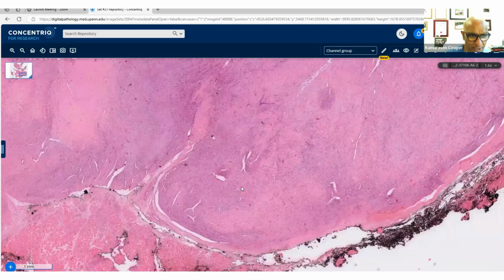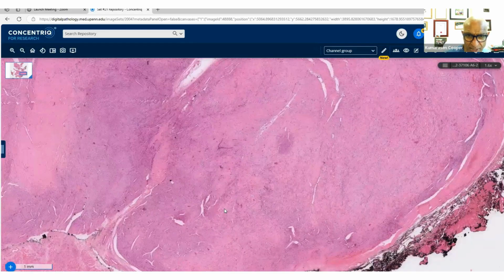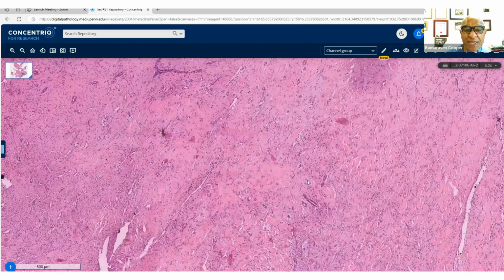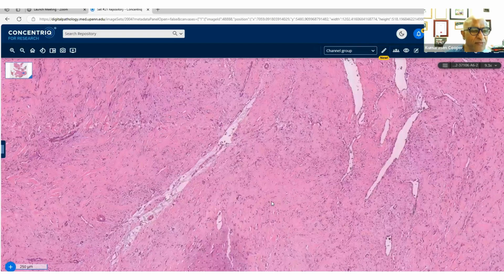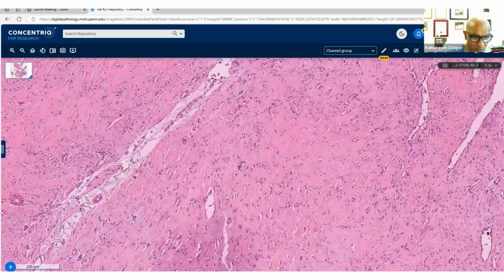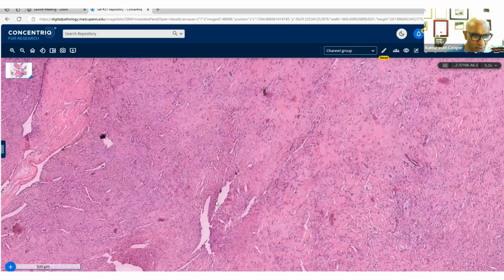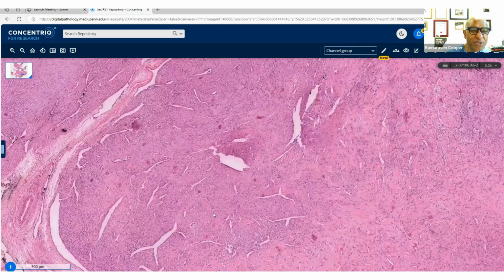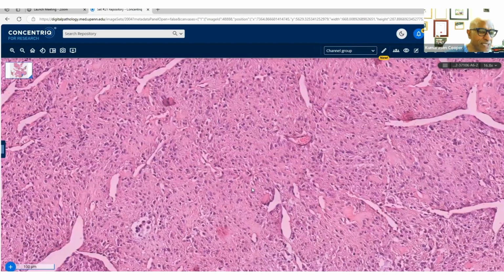I describe this area, which is probably a good place to start. You can look at these areas here, which are fibrotic. It's just the pink fibrous tissue. You can appreciate some of these vessels. And then what we'll do is scan across to the more cellular areas, like here. Here I'm going on higher power just for you to view this.